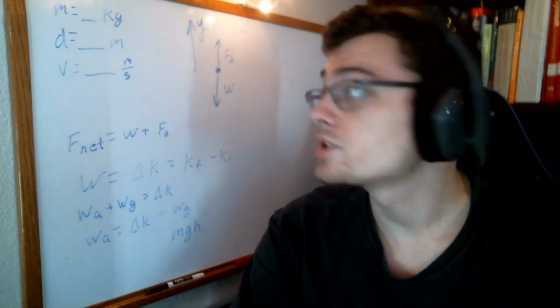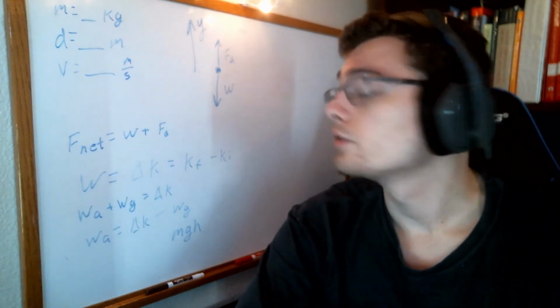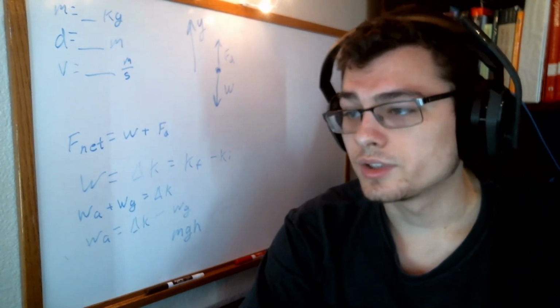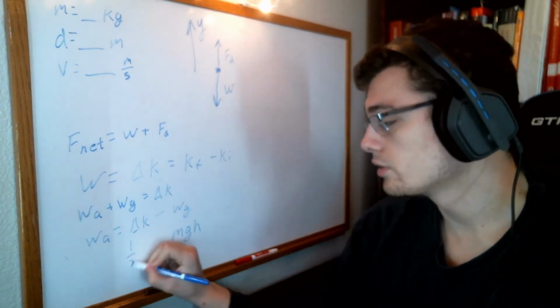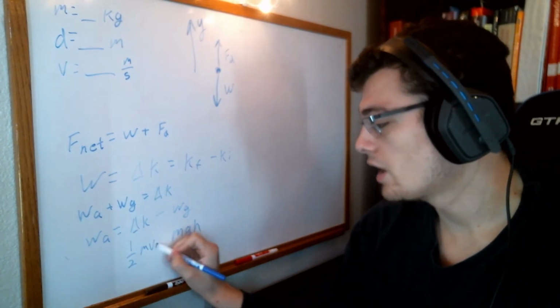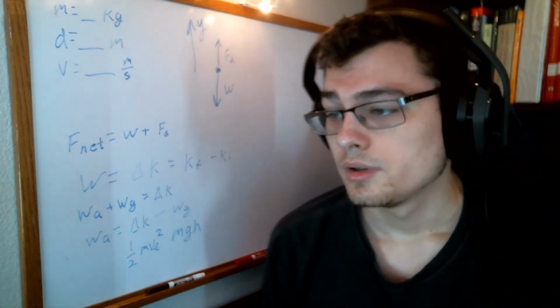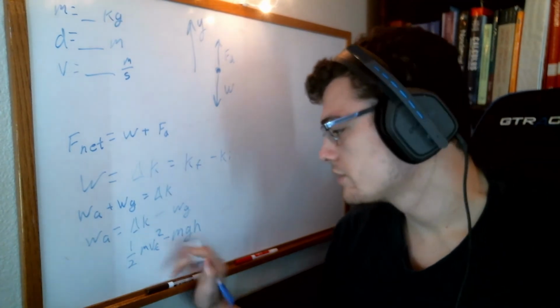And we know what h is from what we described our d was. Delta K at this point is going to be 1/2 m vf squared, as vi is going to equal 0. And then we get a negative sign in between them.